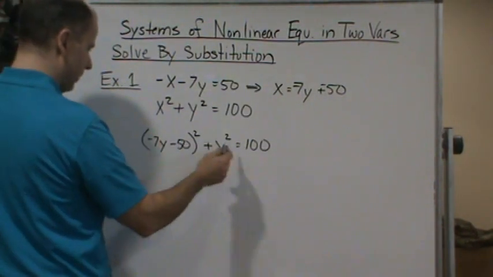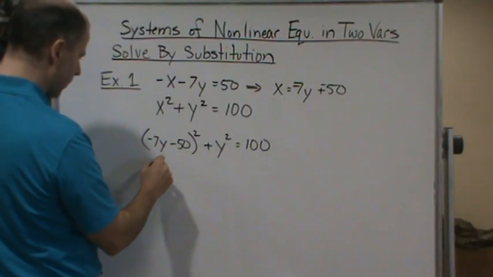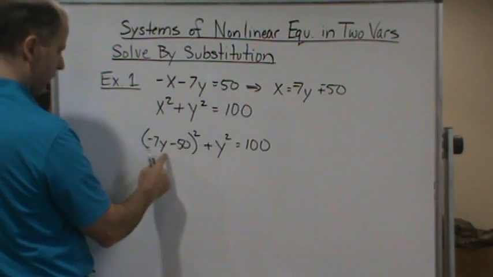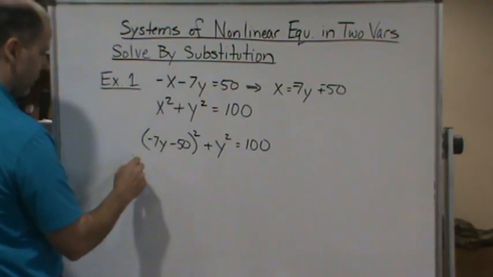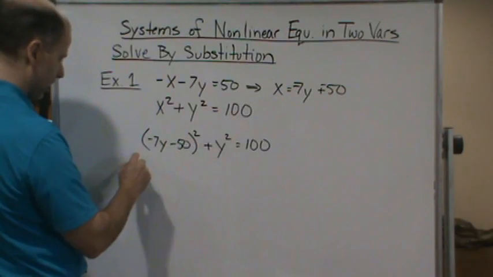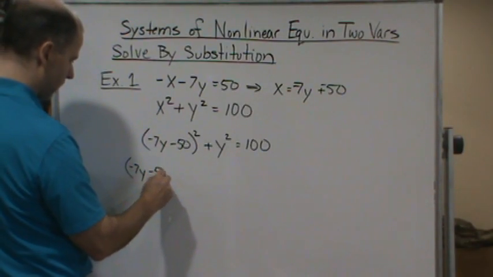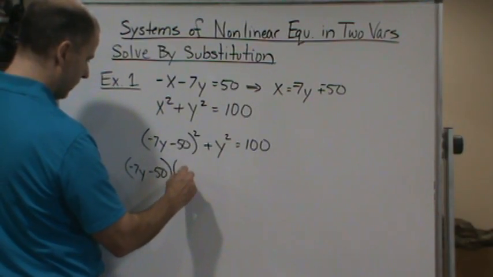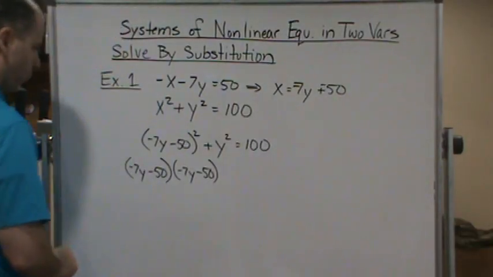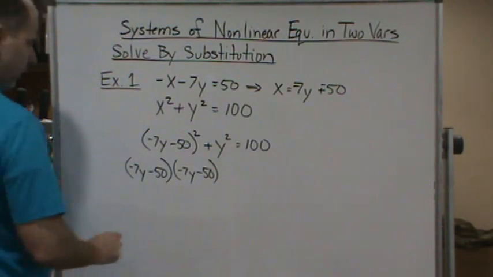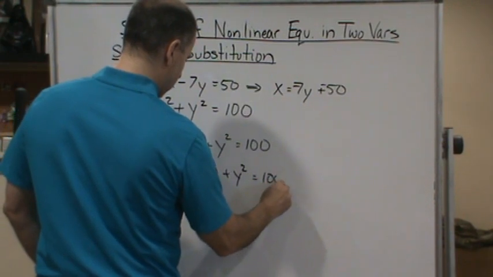And now I'm going to expand and then simplify. So this is going to give me what? Just using the FOIL method, right? Again, you've got to make sure you understand what this means. This is negative 7y minus 50 times negative 7y minus 50, plus y squared equals 100.